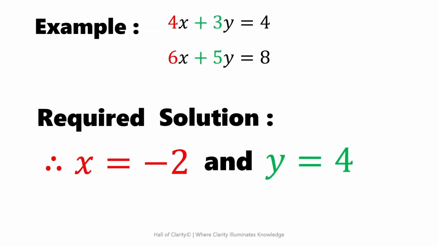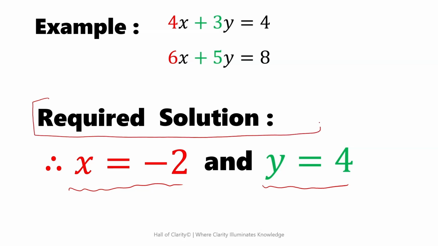So we will write it in this way: x is equal to minus 2 and y is equal to 4 are the required solution of the given simultaneous equations using Cramer's rule. I hope this has given you a complete understanding of Cramer's rule.